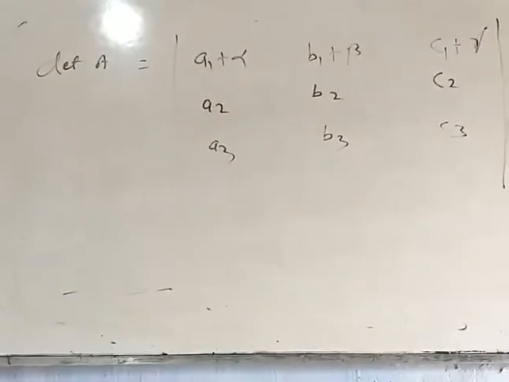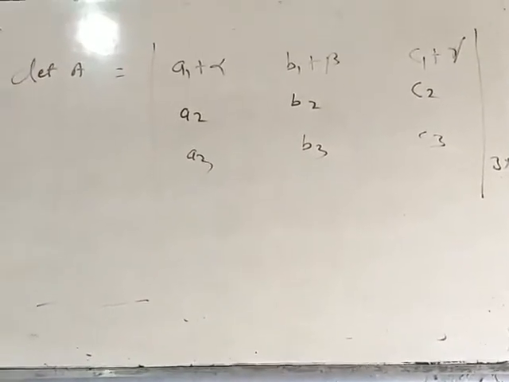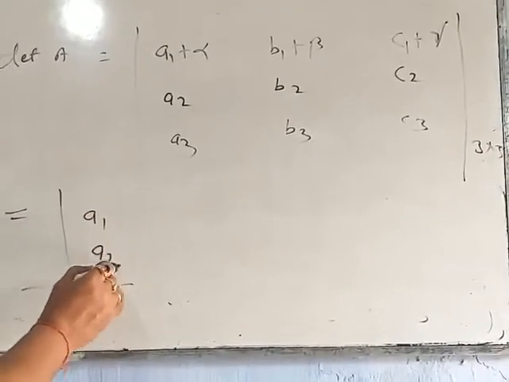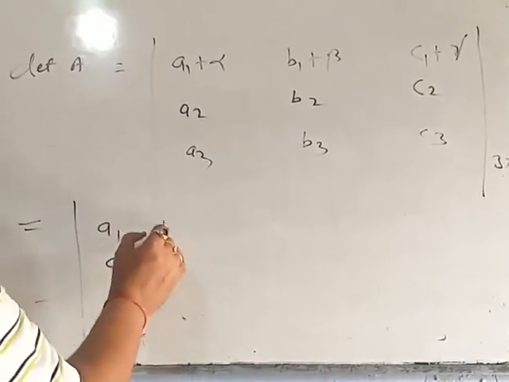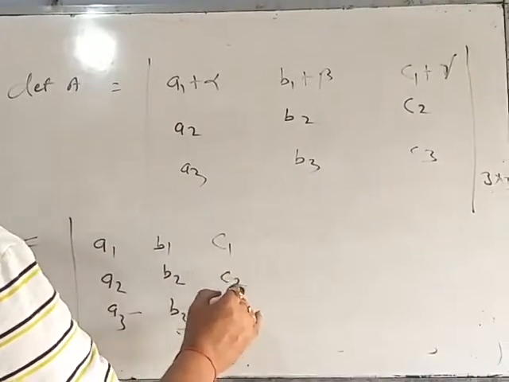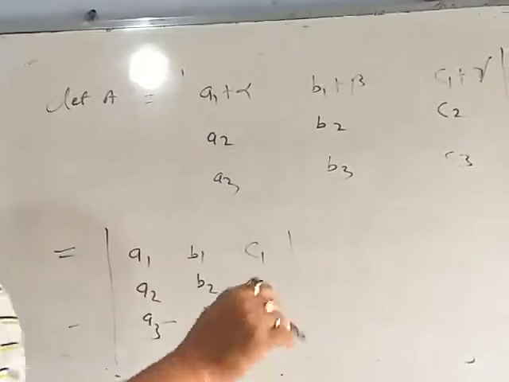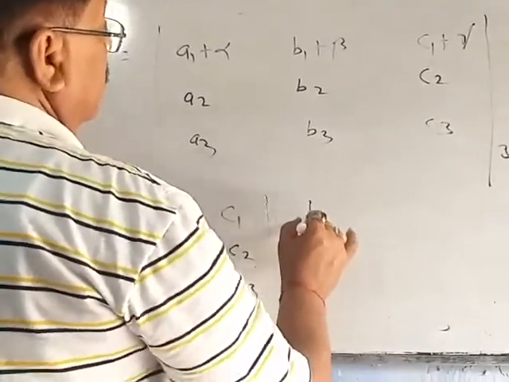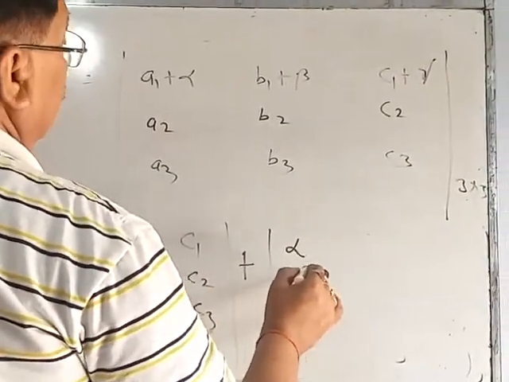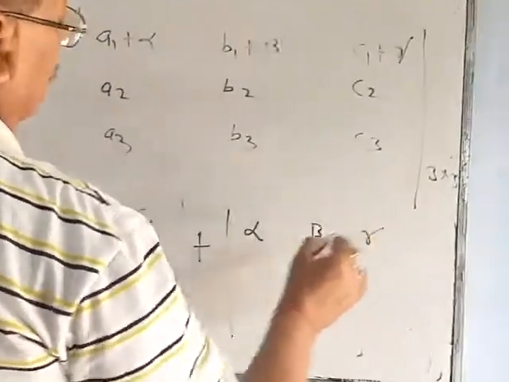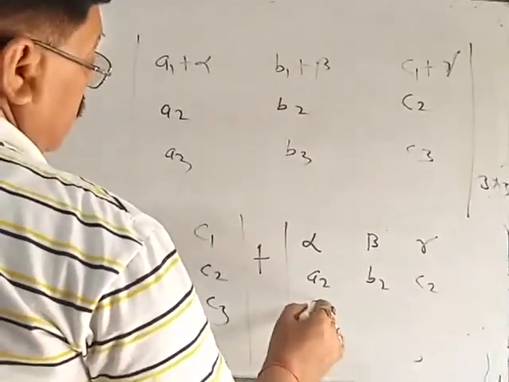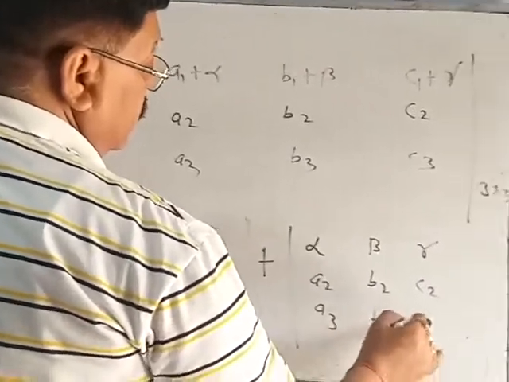So we can express this determinant as the sum of two determinants: A1, A2, A3 first column, B1, B2, B3 second column, C1, C2, C3 third column, plus the determinant with first row alpha, beta, gamma, second row A2, B2, C2, third row A3, B3, C3.